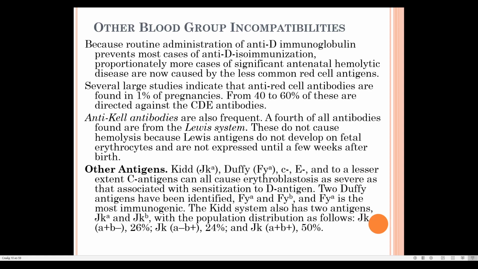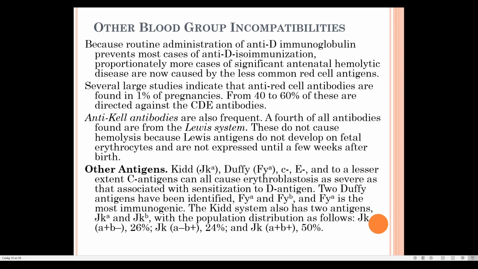Several large studies indicate that anti-red cell antibodies are found in 1% of pregnancies. From 40 to 60% of these are directed against the CDE antibodies. Anti-Kell antibodies are also frequent. A fourth of all antibodies found are from the Lewis system.